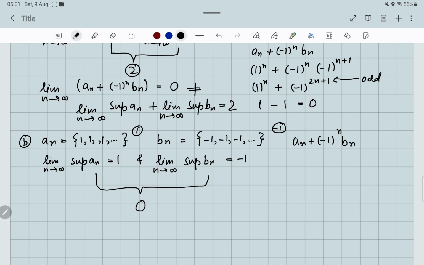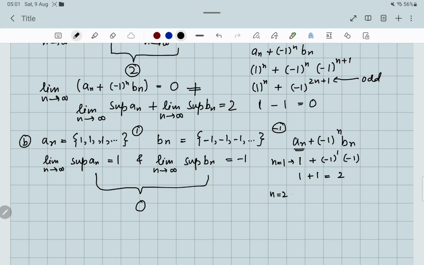See, when I have n equals 1, a_n will be 1, and (-1)^1 times b_n will be 1. This will be 1 plus 1, which is equal to 2.